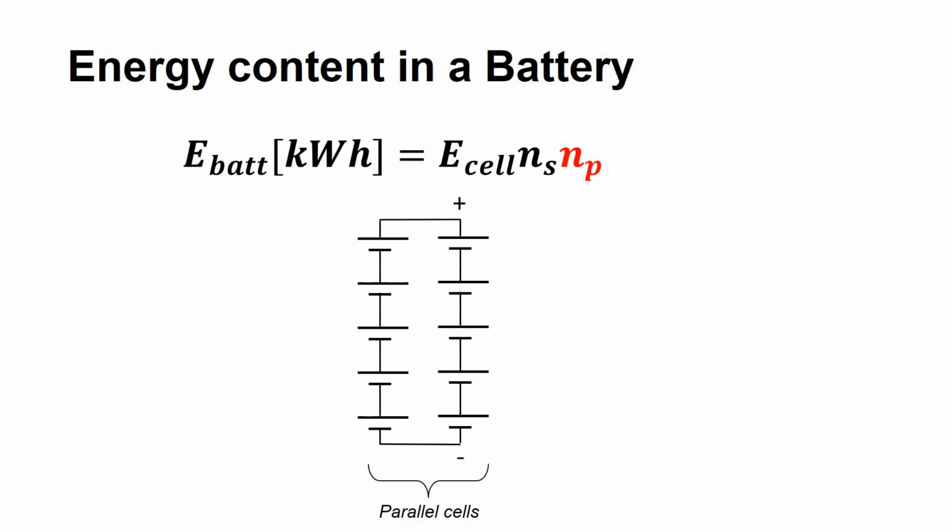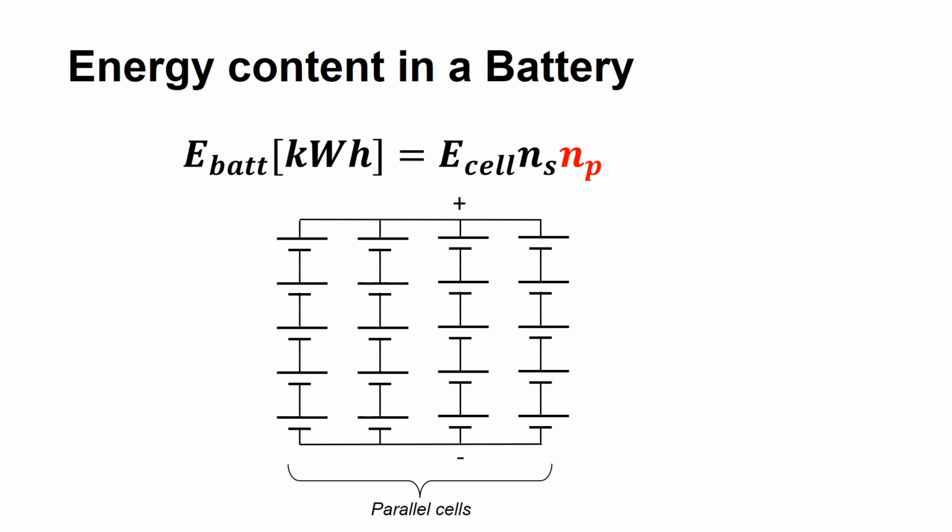Two strings, parallel connected, have similar energy level as a Volvo C30 electric produced 2011, which is around 20 kilowatt-hours, or 24 as the C30 electric had. If we have 4 strings, parallel connected, the energy content will be similar to a Renault Zoe with 41 kilowatt-hour battery, or new generation Nissan Leaf, 40 kilowatt-hour of energy.